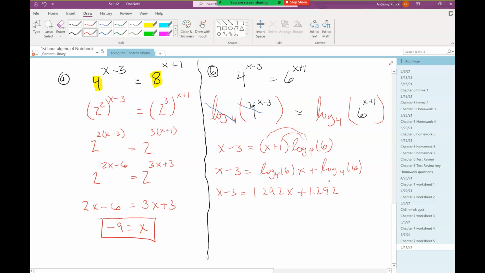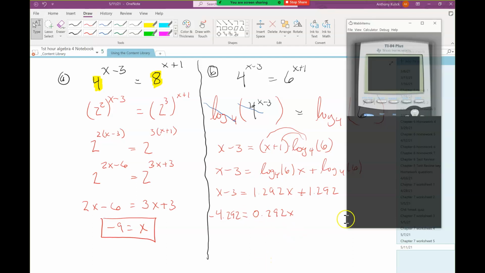So we can move things onto the same side. So maybe I subtract x from both sides. So 1x minus 1.292x just becomes 0.292x. If I subtract 1.292 from both sides, negative 3 minus 1.292 becomes negative 4.292.